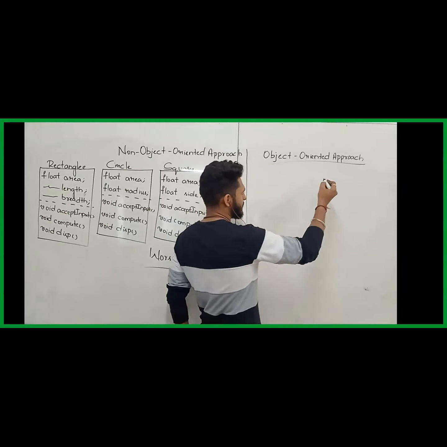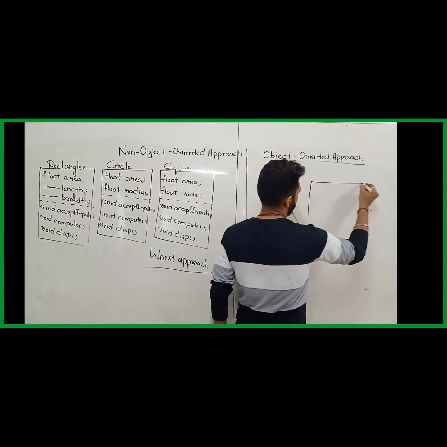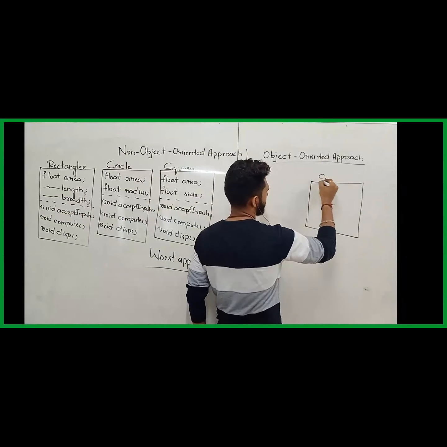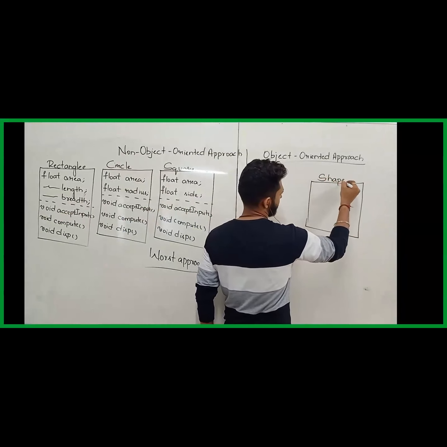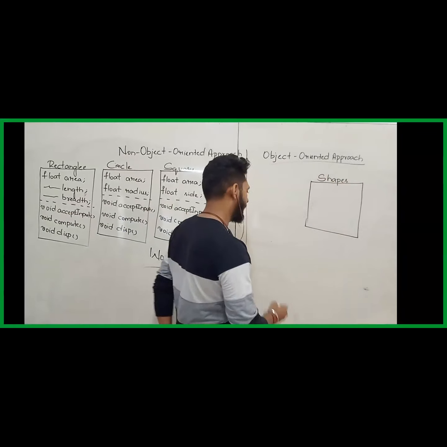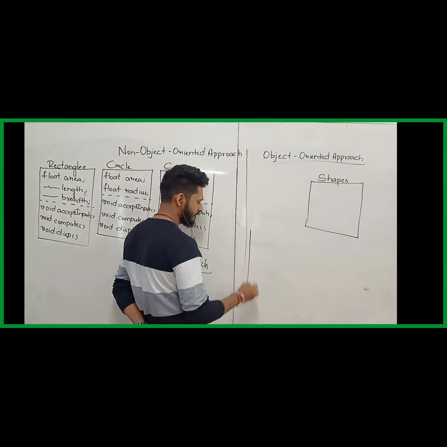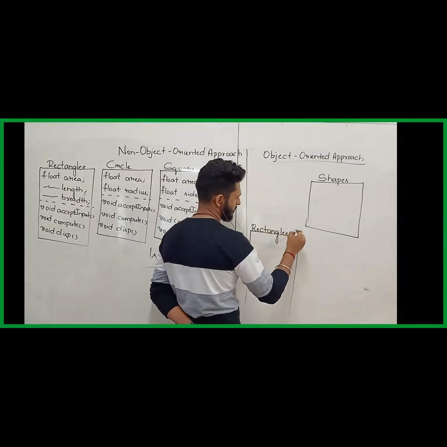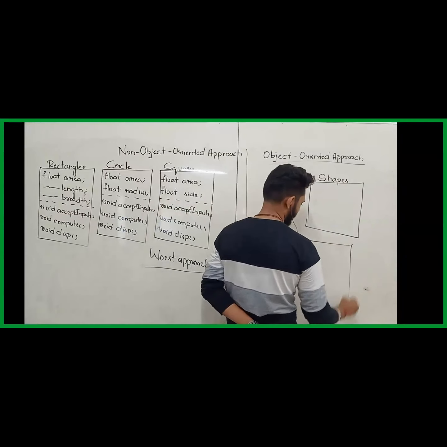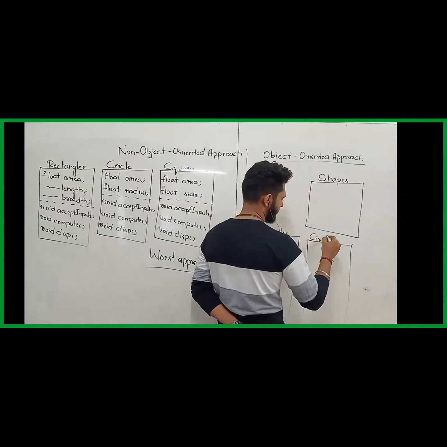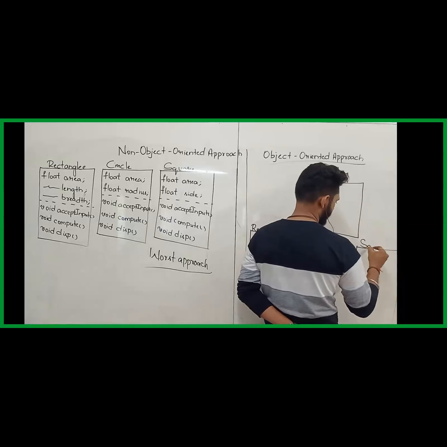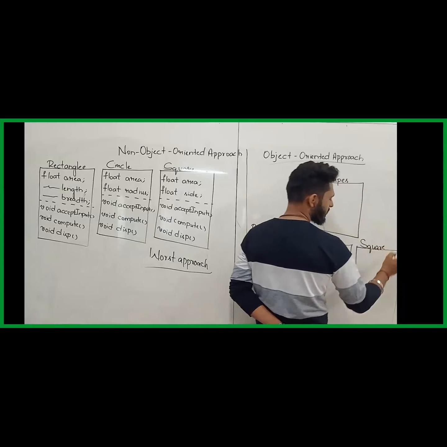By listening to you guys, fine, I will do that also. Here is your parent class. Assume that I'll write it as this, and here which all classes will be there? Rectangle, circle, and then square.